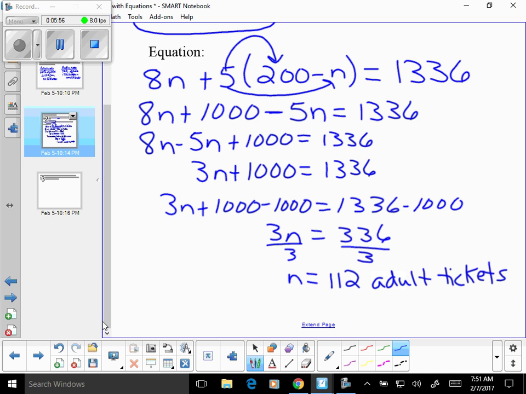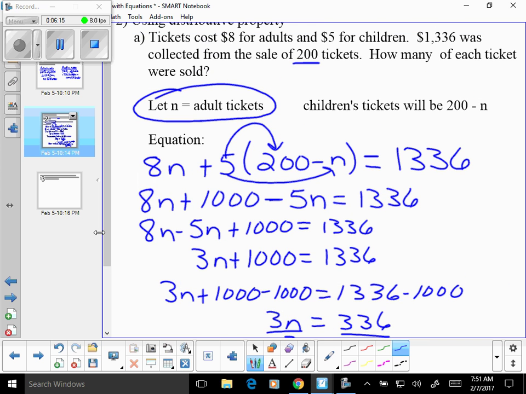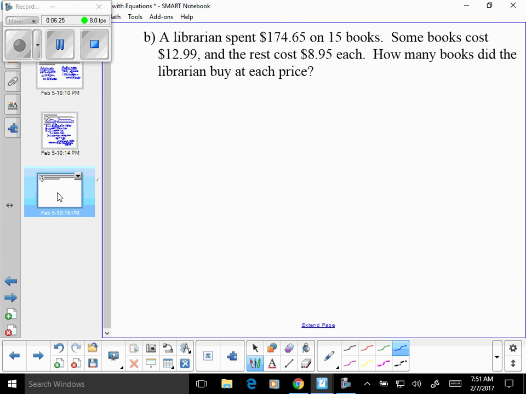So I'm going to take 200 minus n, which would be 200 minus 112, and find that there are 88 children tickets. Now the 200 minus n comes back from over here where I said, okay, the children's tickets are going to be the total number of tickets minus the adult tickets.